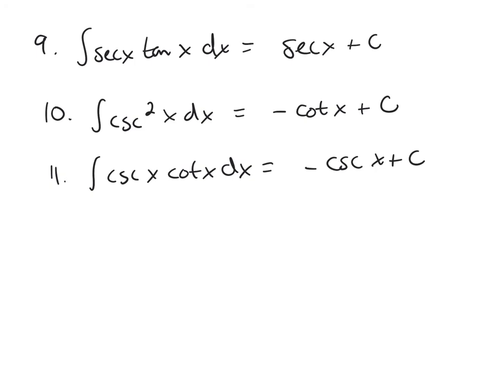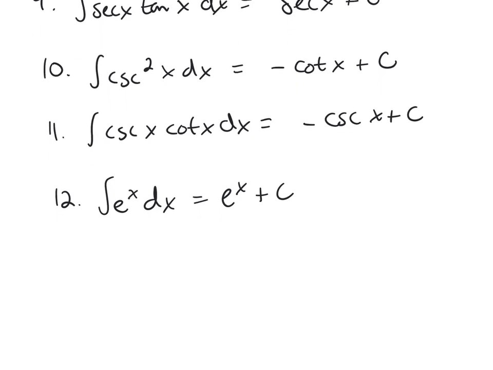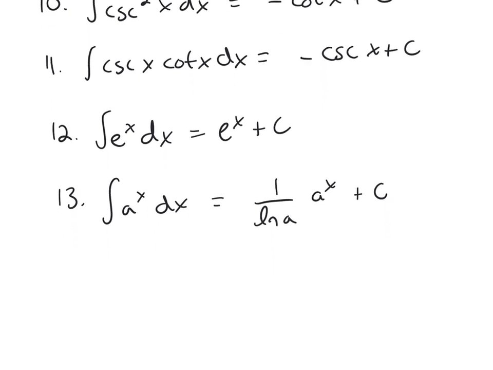We're almost through our list. Now number 12, the integral of e to the x is e to the x plus c. Remember, the derivative of e to the x is itself. Number 13, the integral of a to the x. It's 1 over ln a times a to the x plus c. So if you remember with the derivative, you multiplied by ln of a. But here we're doing the integral. The opposite of multiplication is division.